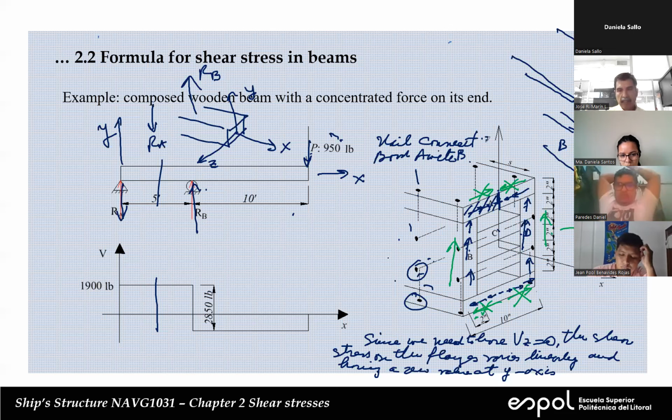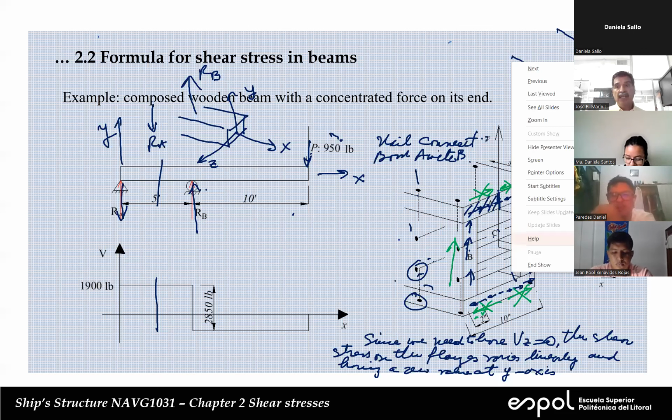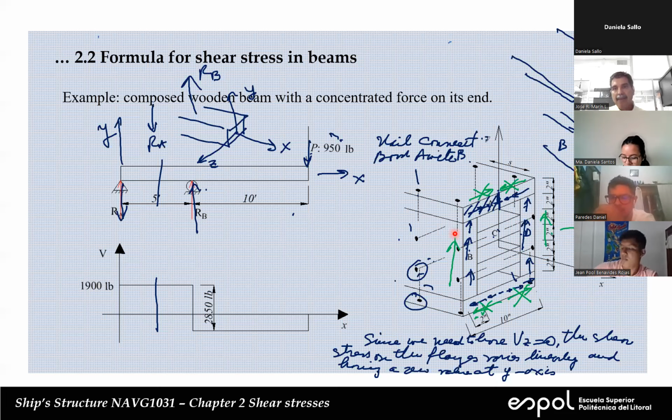Again, this is the board C, this is the board B. Again, we have to integrate from this cut in the connection because that's where we want to calculate the shear stress. And we have to go all the way up to here. Why? Because here, what happens with the shear stress? Ms. Valdez, what happens with the shear stress in this cut?